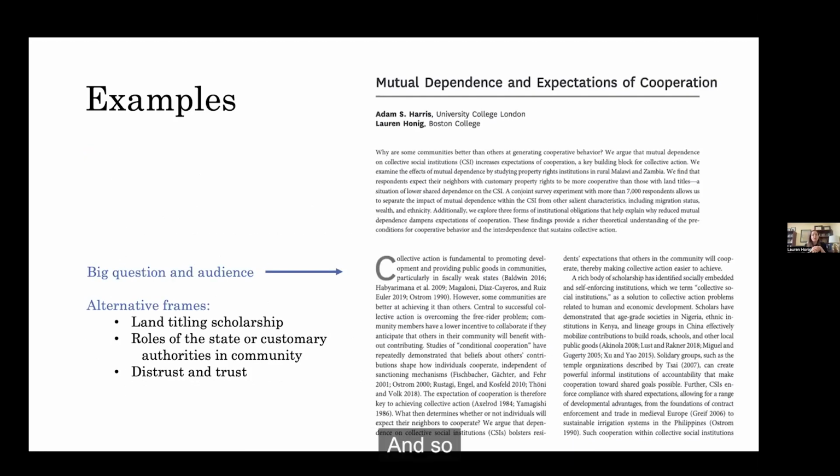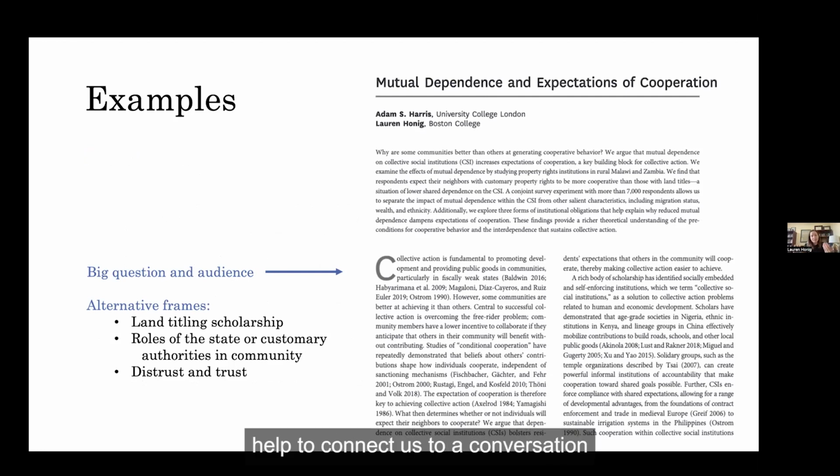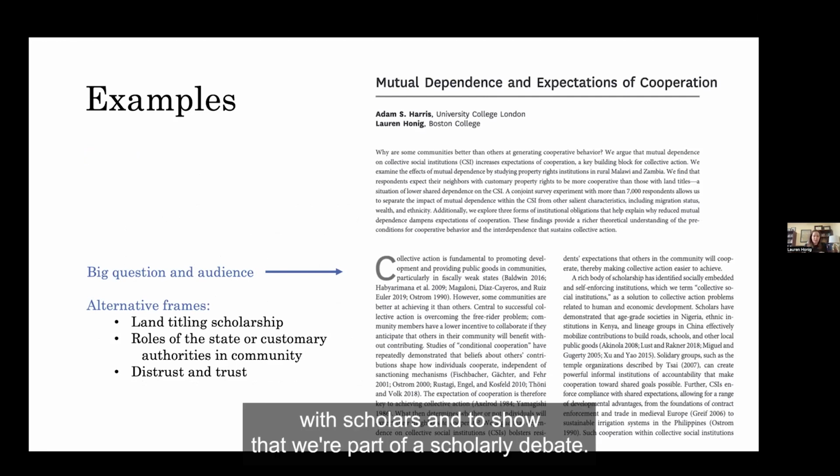And so one thing I just want to highlight in thinking about the framing and this big question and the audience element is the way that citations help to connect us to a conversation with scholars and to show that we're part of a scholarly debate.